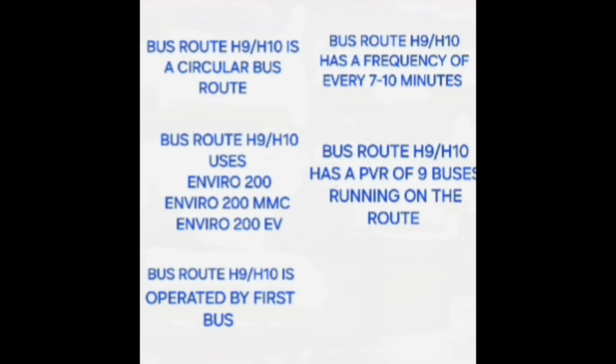It uses Enviro 200, Enviro 200 MMC and Enviro 200 EVs. It is operated by First Bus. It has a frequency of every 7 to 10 minutes, and a PVR of 9 buses running on the route.